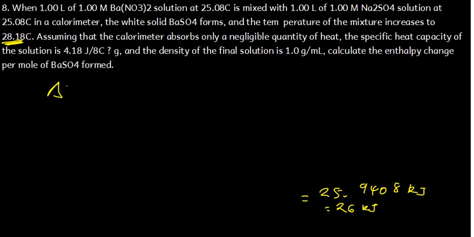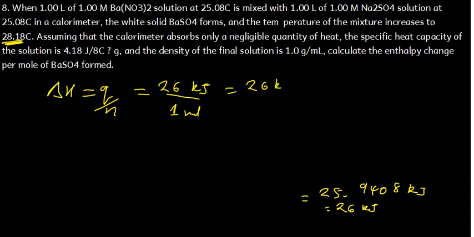So delta H is going to be equal to the heat divided by the number of moles. So the heat which we have is 26 kilojoules, divided by the number of moles. We are talking of 1 mole, because the question is to calculate the enthalpy change per mole. So that will simply give us 26 kilojoules per mole. So that is the enthalpy change in this case.